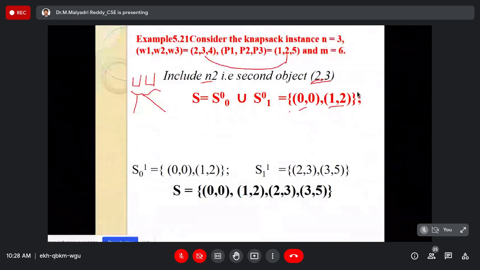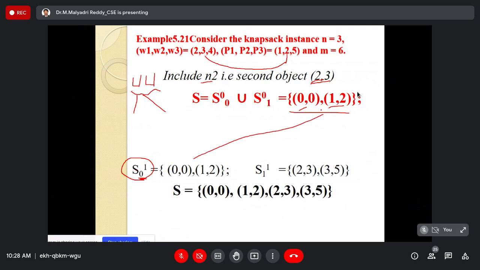If we do not include, that means the second object is not included, then you will get the same feasible solutions, 0 0 and 1 comma 2. If we include the second object, we simply add the value 2 comma 3 to each previous solution. If I add 2 comma 3 to 0 0, I get 2, 3.